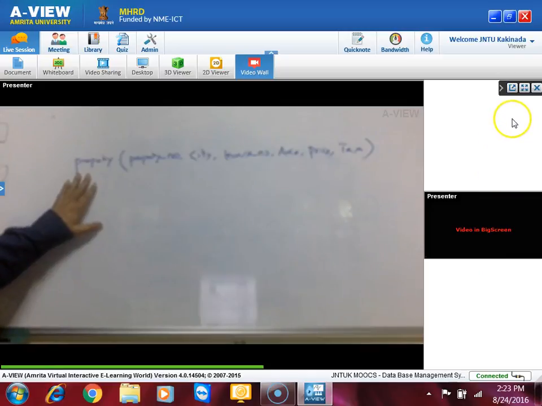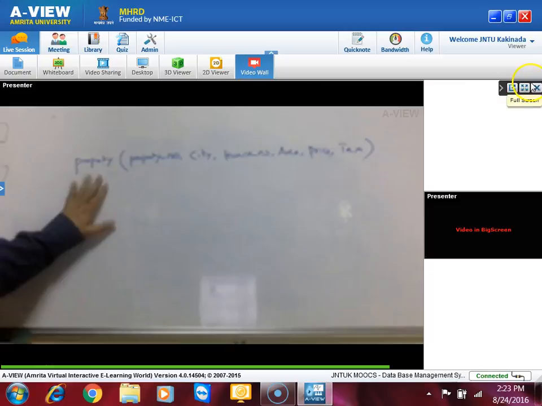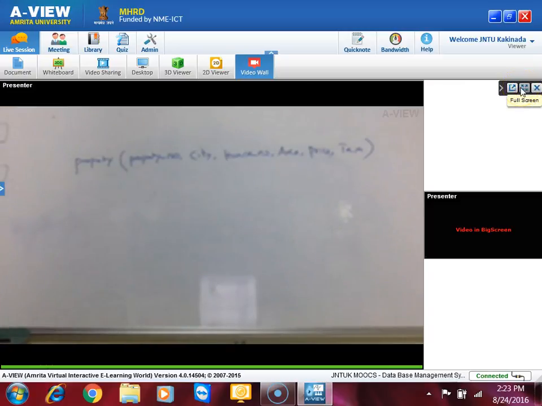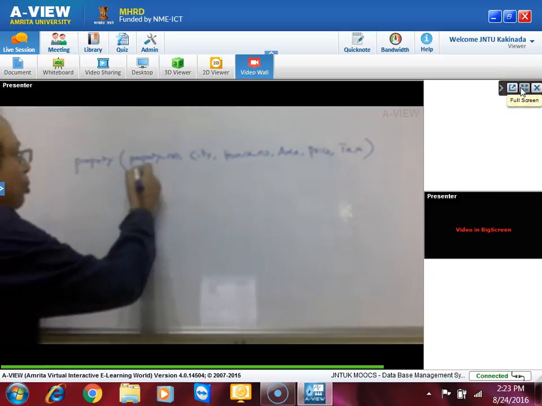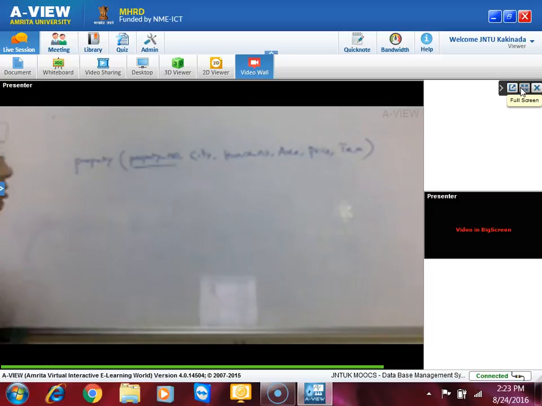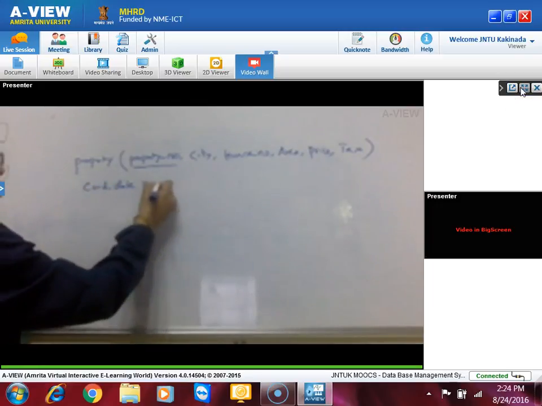Given this, now let us understand what are the functional dependencies that can be there in this relationship. Now, if we assume property number is unique, this becomes a candidate.